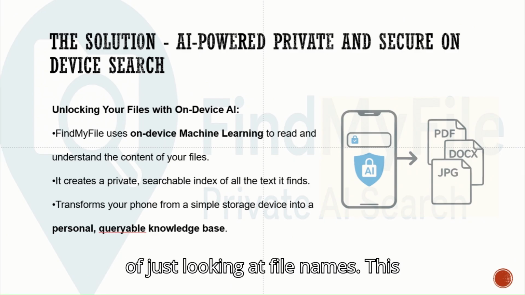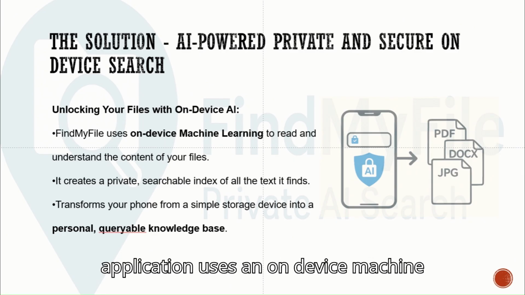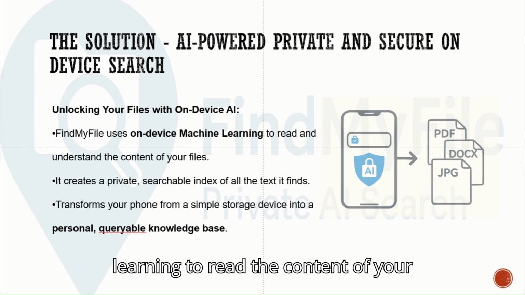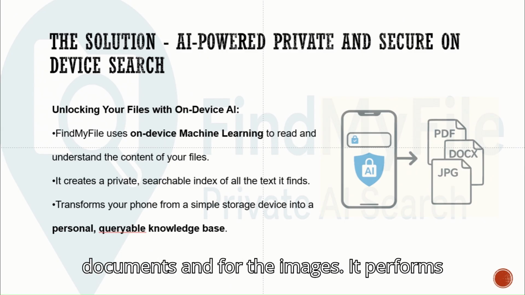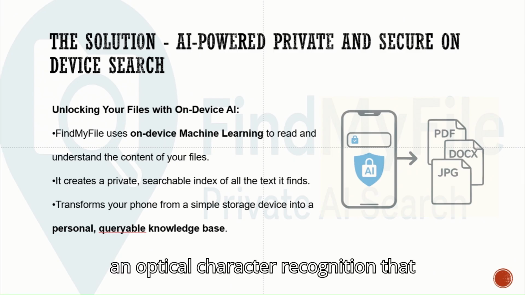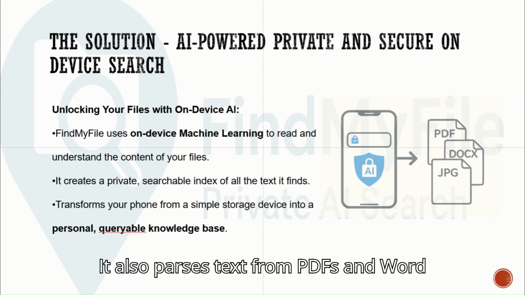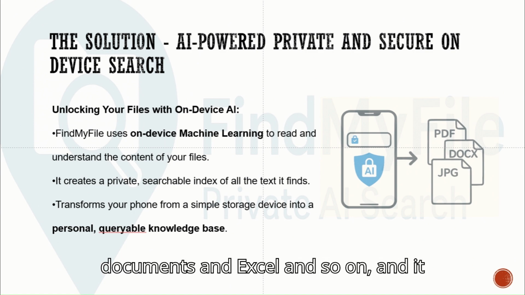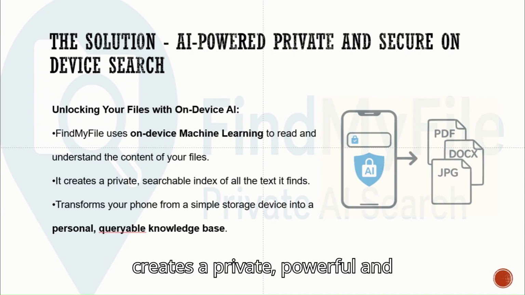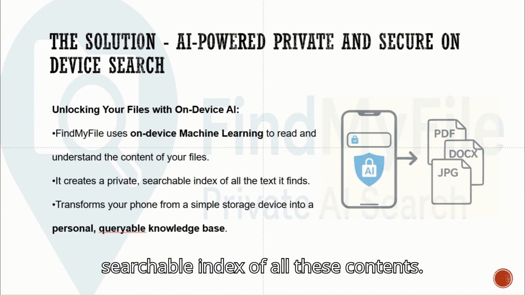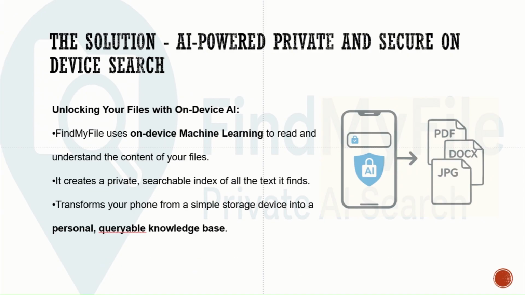Instead of just looking at file names, this application uses on-device machine learning to read the content of your documents. For images, it performs optical character recognition that parses the text from the images. It also parses text from PDFs, Word documents, Excel files, and so on. It creates a private, powerful, and searchable index of all this content.